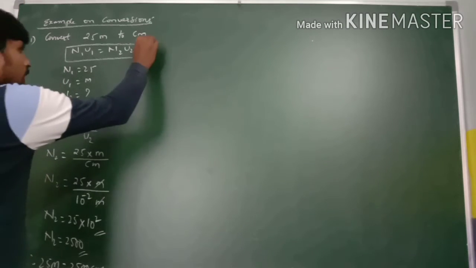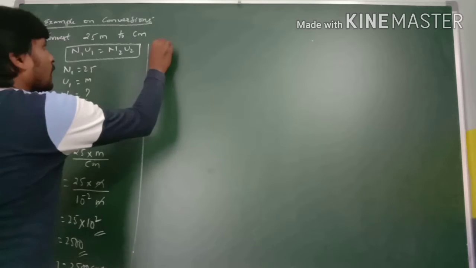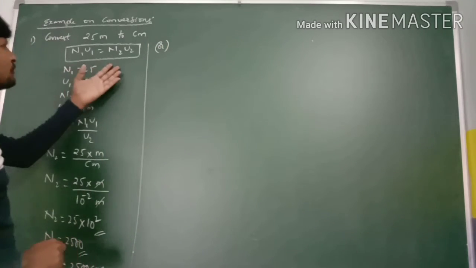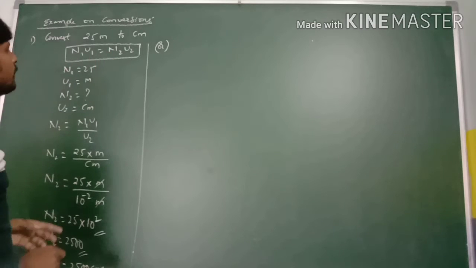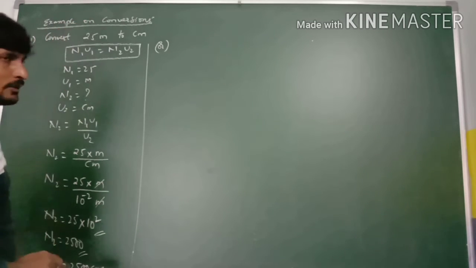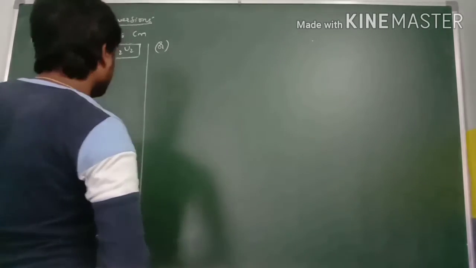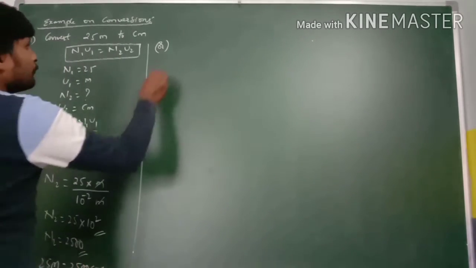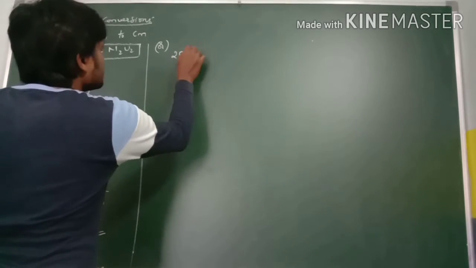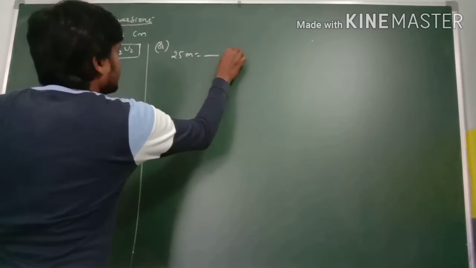Now another method. The model I am doing regularly is based upon this formula. If you forget this formula, there is no problem; simply by 4 steps we can do this problem. So what we have to convert: 25 meters is equal to dash centimeters.